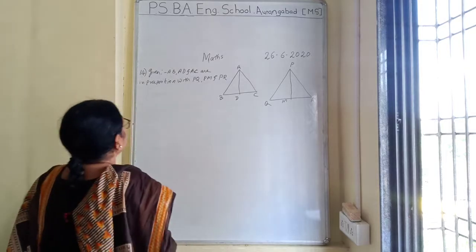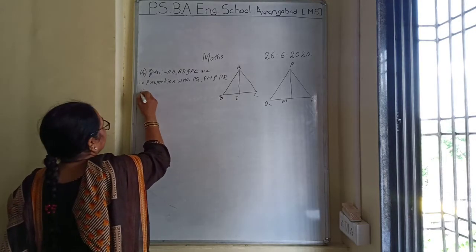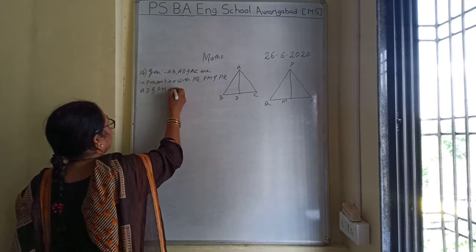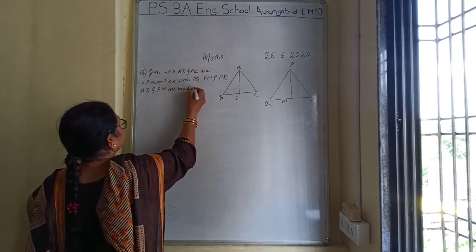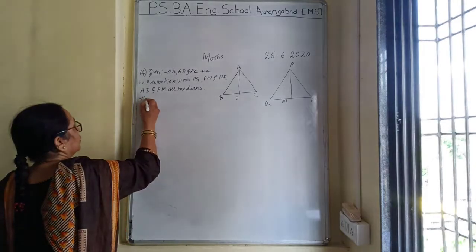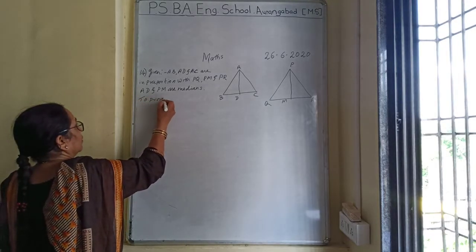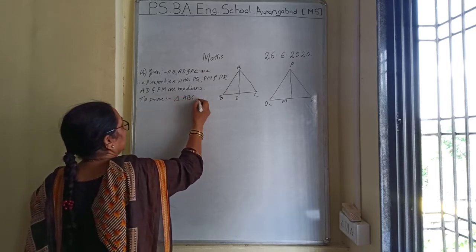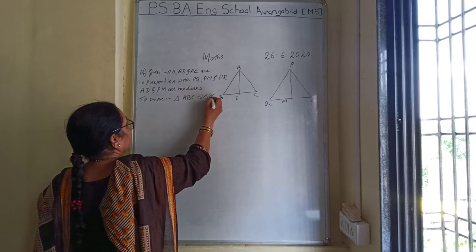Correct? Then the second thing given to us is AD and PM are medians. To prove triangle ABC is similar with triangle PQR.